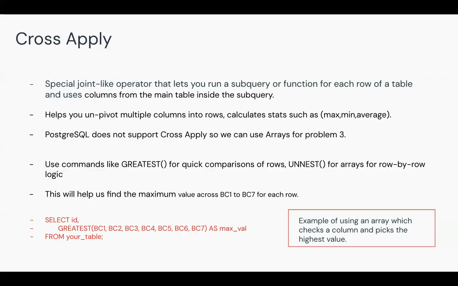This helps us find the maximum values across BP1 to BP7 for each row. And the bottom is an example of me using an array, which checks a column, and I'm able to pick the highest value between the blood pressure values that are given.